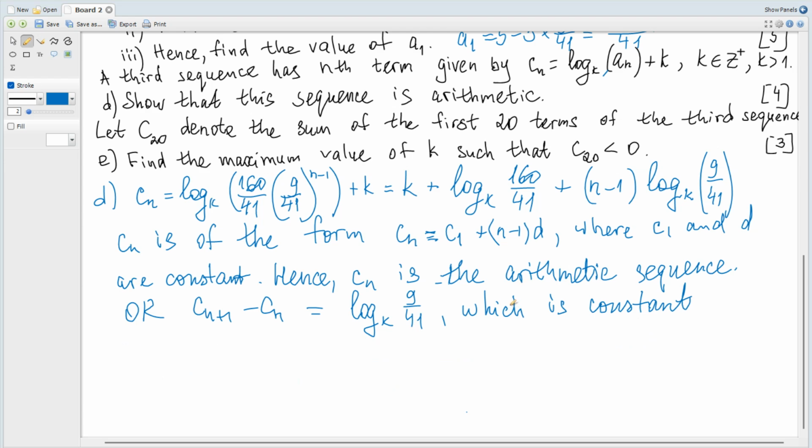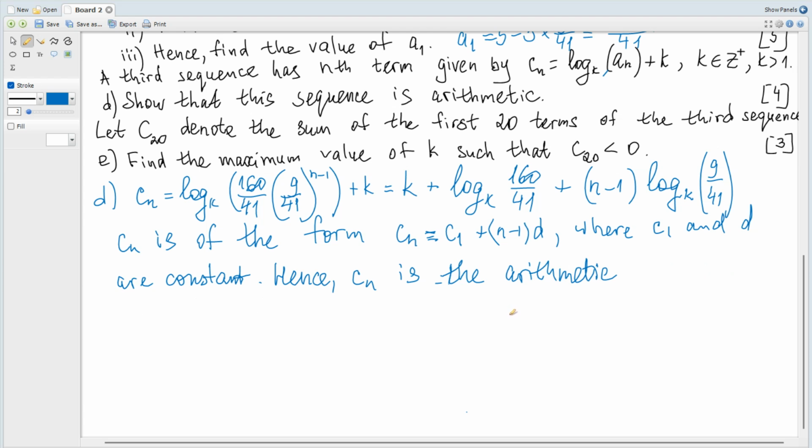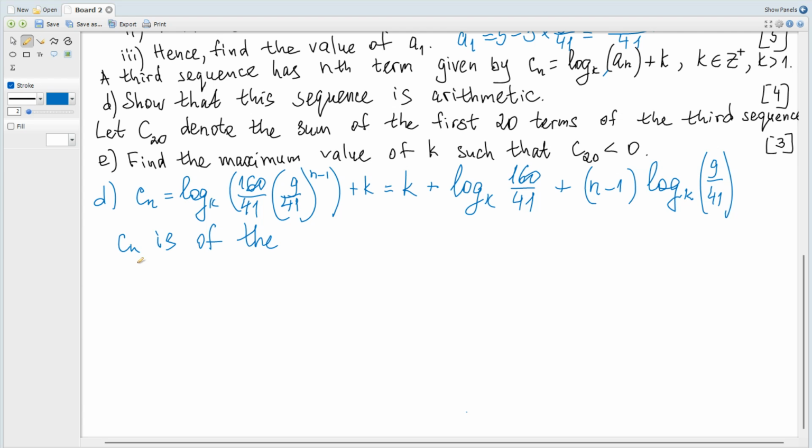The next, let C20 denote the sum of the first 20 terms of the third sequence. Question E: find the maximum value of k such that C20 is less than 0. We know that the sum of the first n terms of the arithmetic sequence is equal to n over 2 multiplied by 2 times u1 plus n minus 1 times d. This formula is given in a data booklet.